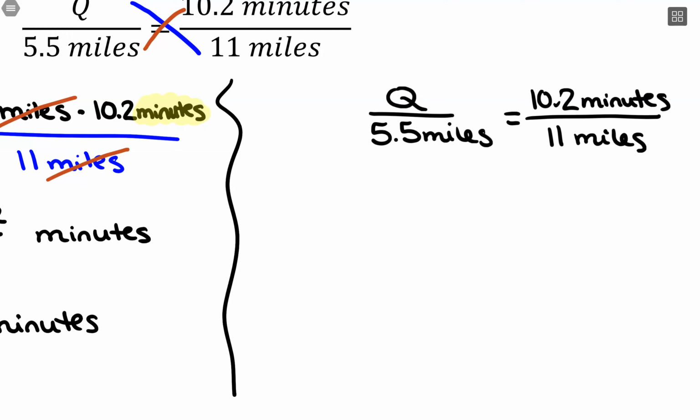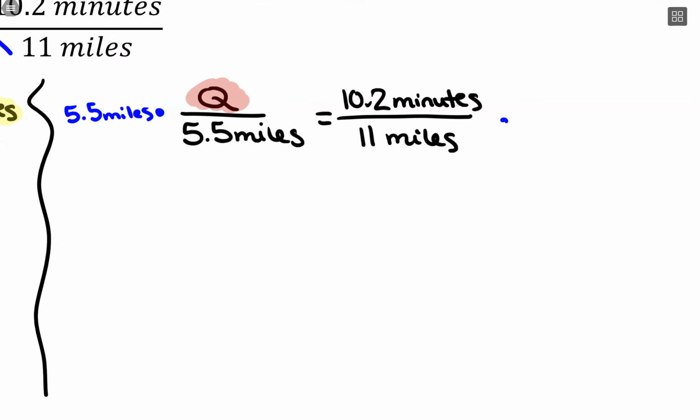What we can do here is use the fact that Q is really at a great spot here, being in the numerator. All we need to do is get this 5.5 miles away from it. So if we're dividing by 5.5 miles, to undo that operation, what we need to do is multiply by 5.5 miles. So multiply that side, and whatever we do to one side of the equation, we have to do to the other.